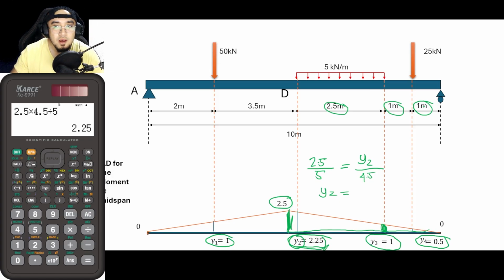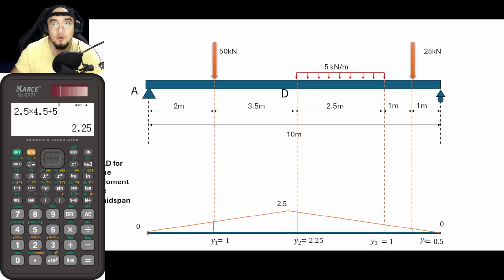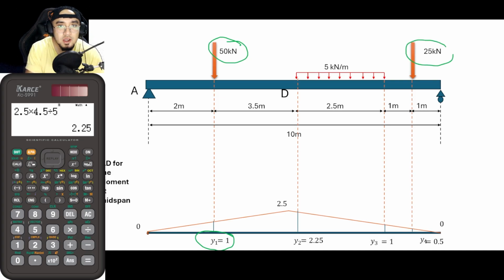Okay, so after knowing those values, which we already know now, what we would be doing is multiplying 50 kilonewtons by the projection here, then adding the value of this projection here times this load here, I should say, times this projection here.